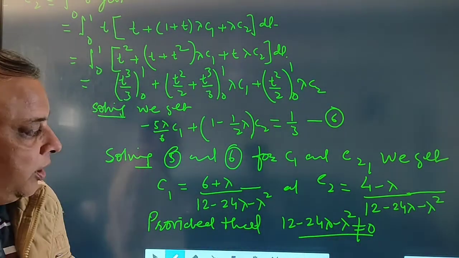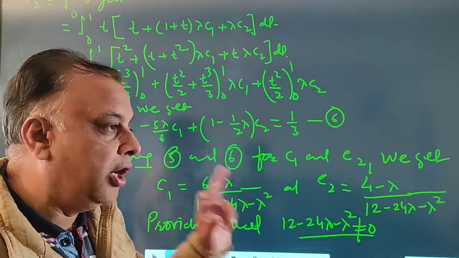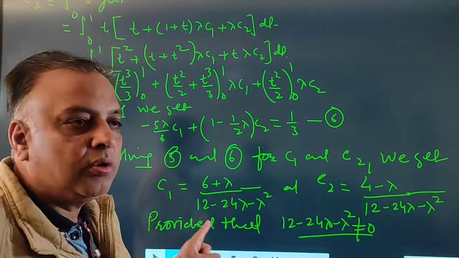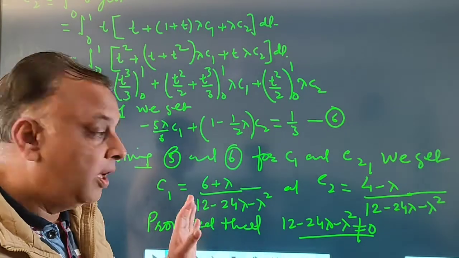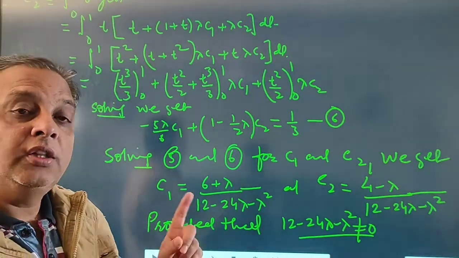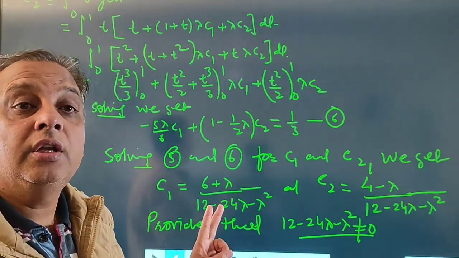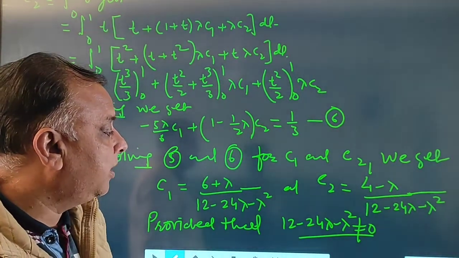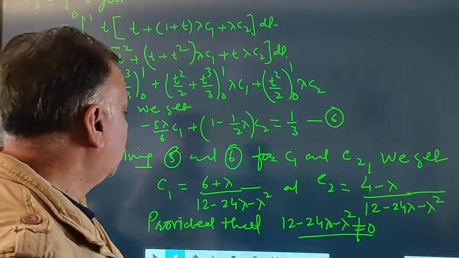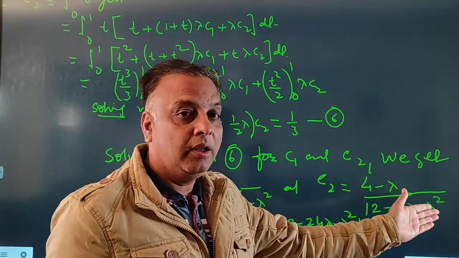If 12 minus 24 lambda minus lambda square is not equal to 0, then this homogeneous equation has a unique solution. And if this is equal to 0, then this equation does not have a unique solution. So when it is not equal to 0, the values of c1 and c2 are given as such.